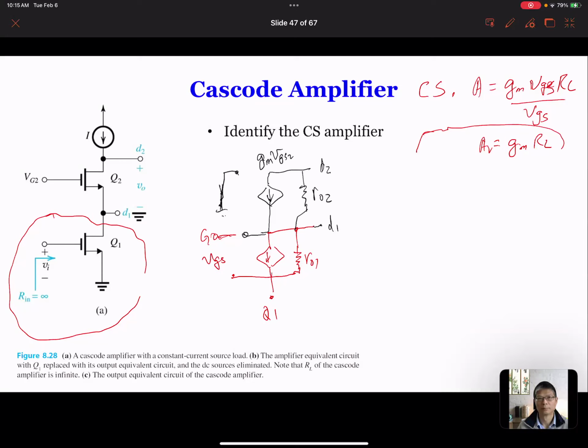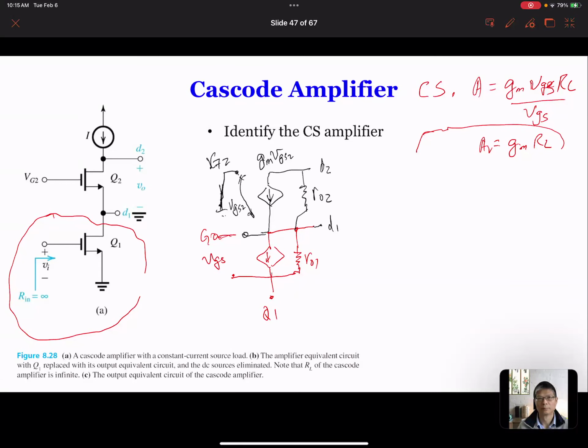And because VG2 is grounded, and the source is also connected to the drain of Q1, you can see that the voltage from VG2 to the source, the drain of Q1, is VGS2.